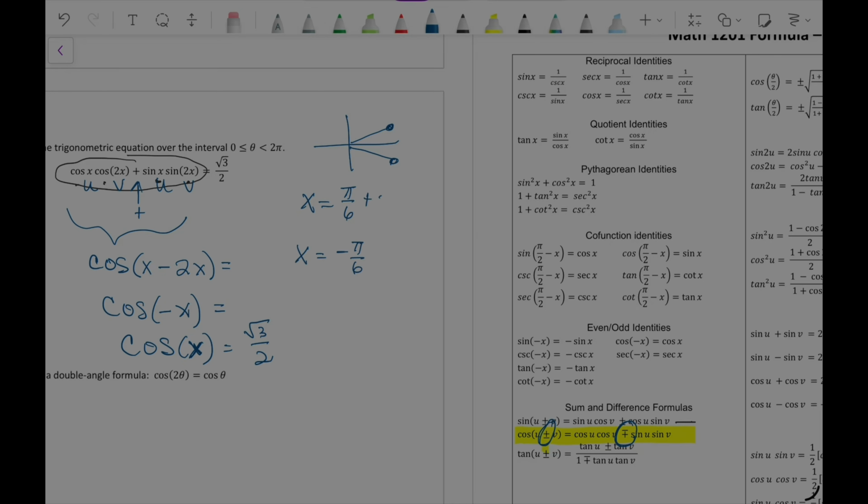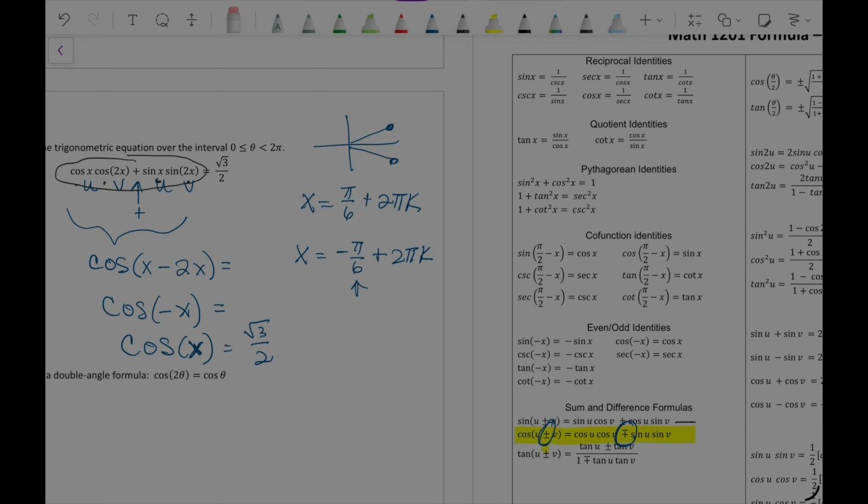Now, any full cycle later for each one of these is a valid spot that will produce a cosine value of positive root 3 over 2. Now some of you are probably thinking, I don't want that to be a negative. That's fine. Go all the way around and write 11 pi over 6 instead. That would be okay.